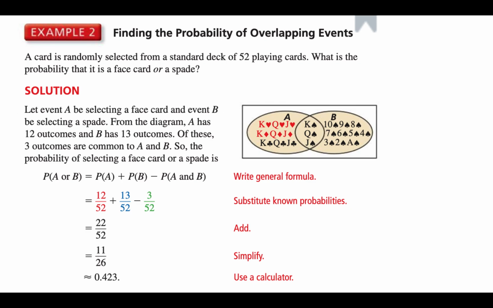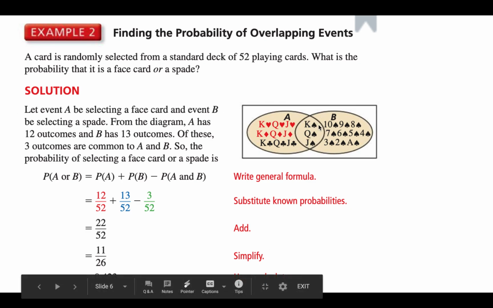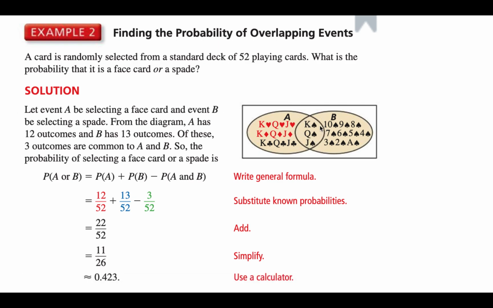The reason they're overlapping is because there are some cards that are both face cards and spades. So there is some overlap here. So we would use this formula. We do have to subtract off that overlap at the end.